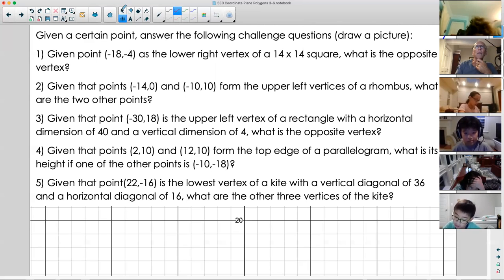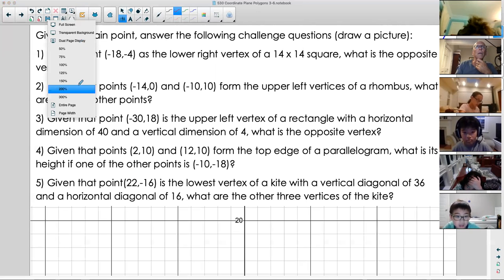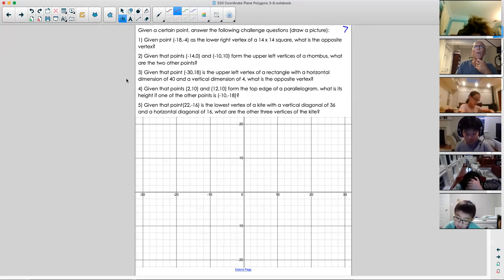And I'm going to make this a little bit smaller now. And I'm going to look at the point -18, -4. And guys, remember that every box is 2 units apart. Very, very careful. Every box is 2 units apart.